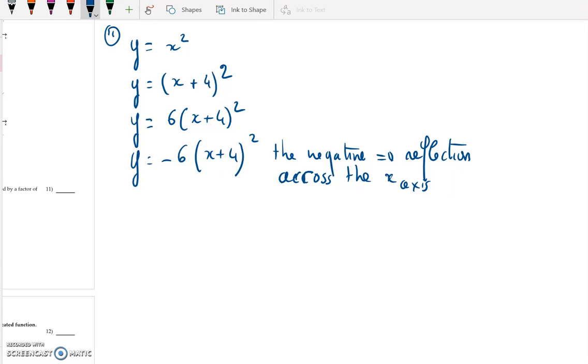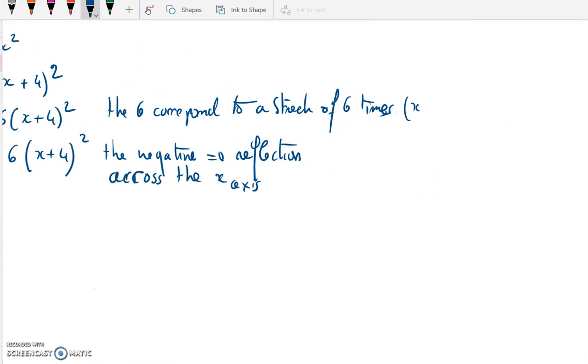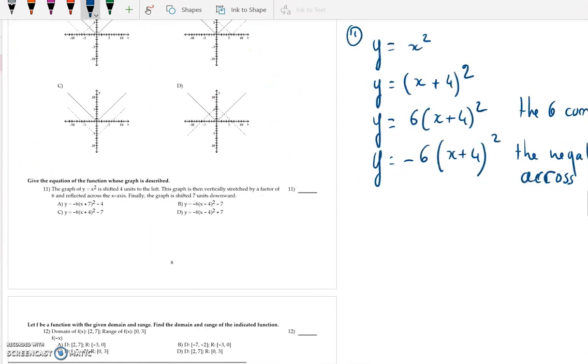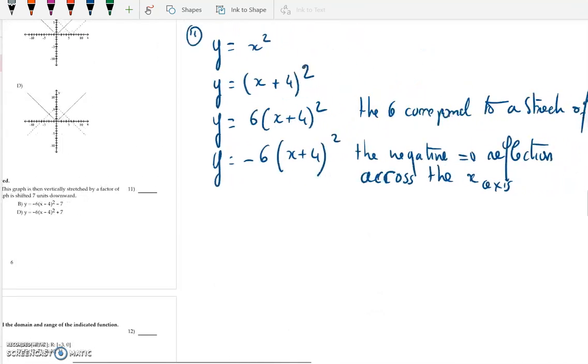Okay, the 6 corresponds to a stretch of 6 times (x plus 4) squared. Alright, finally, the graph is shifted 7 units downward.